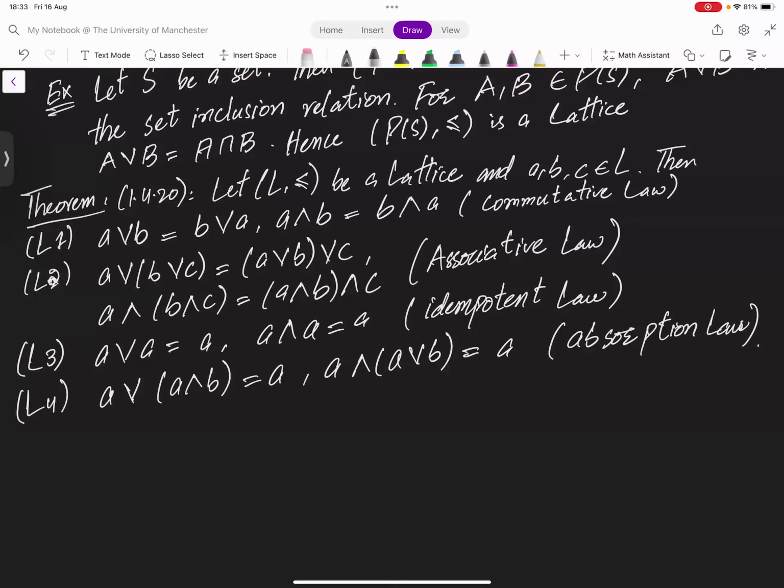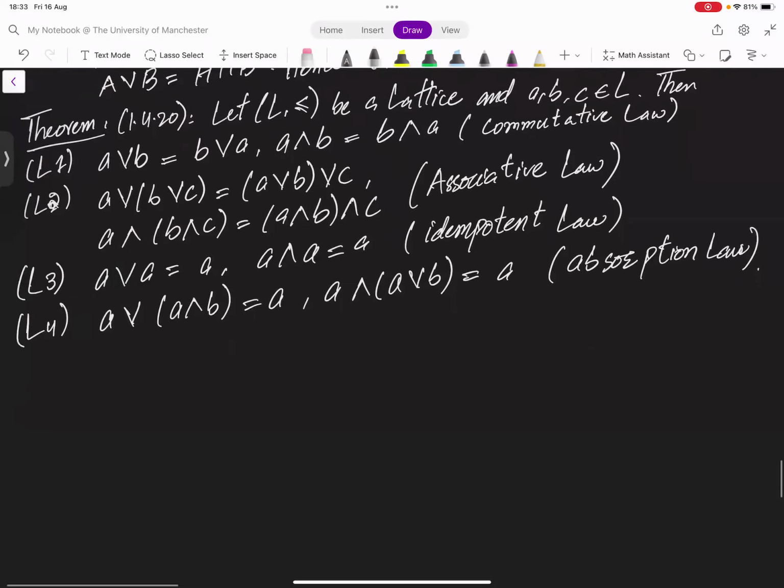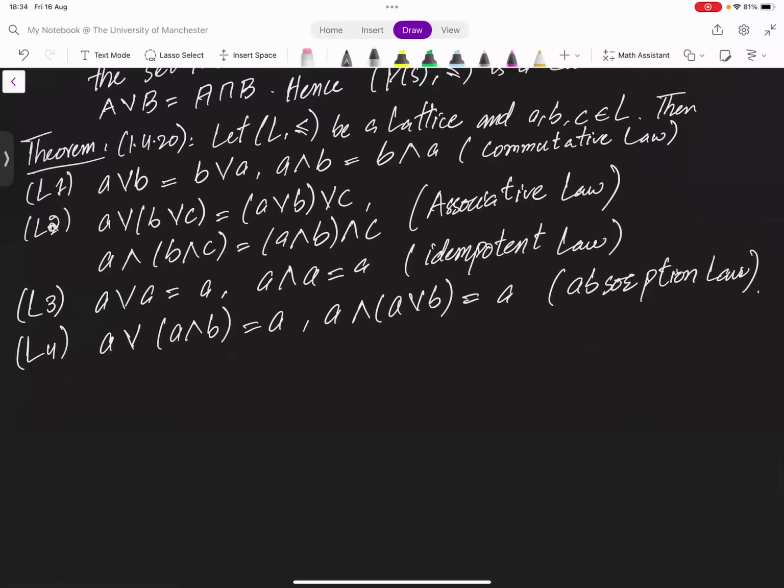These are straightforward. There is no need to actually prove them explicitly. But if someone wants to prove them and they don't understand, just comment it in the video, and then I'll try to show you the proof in the next lecture.